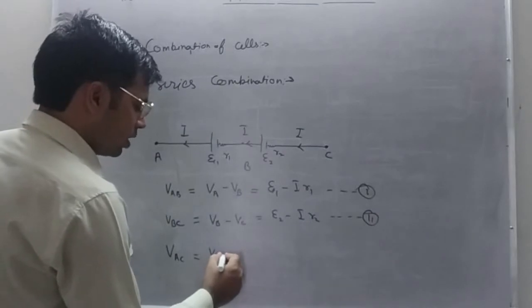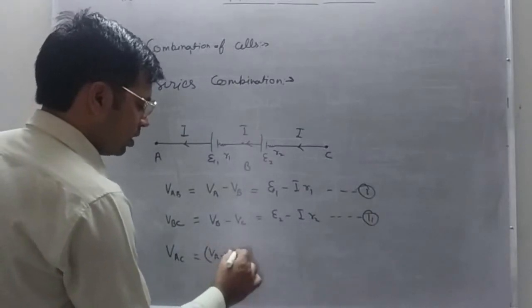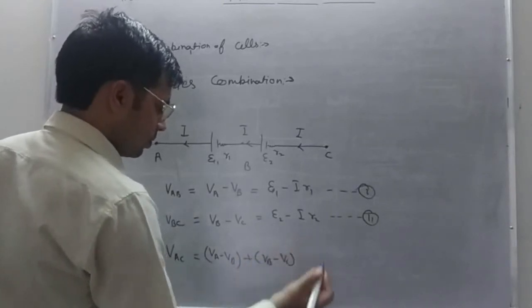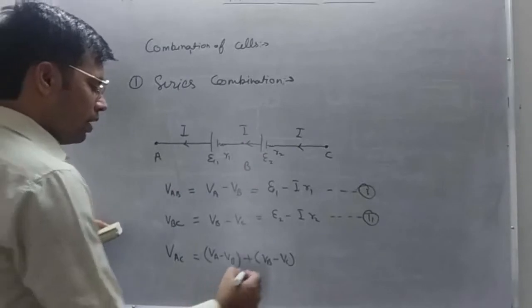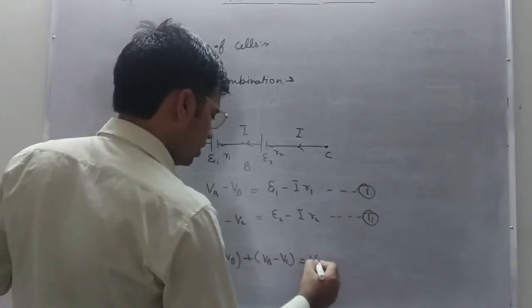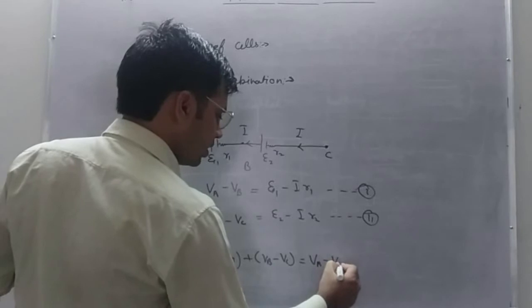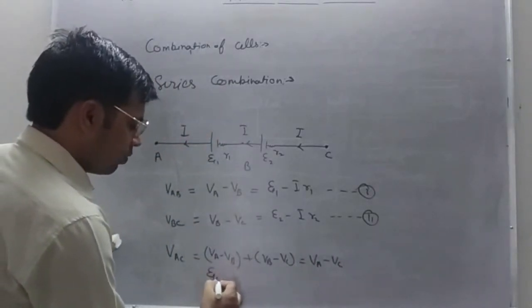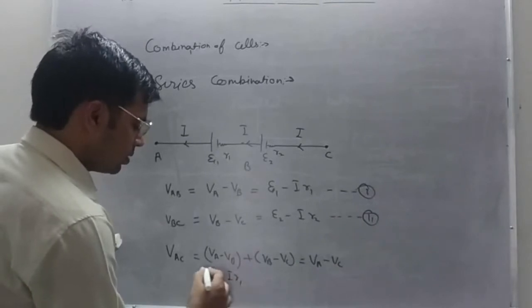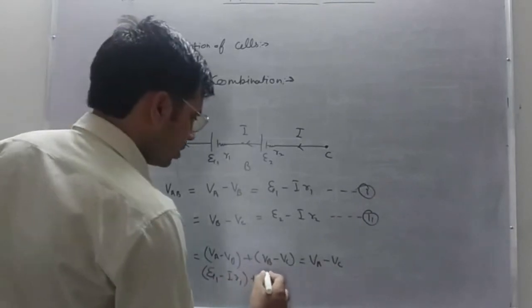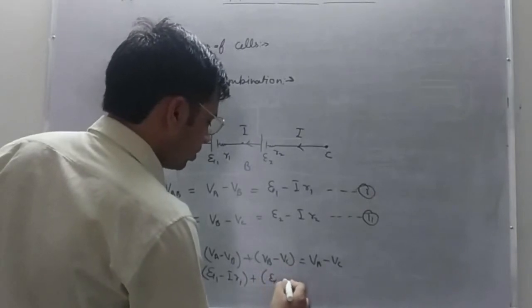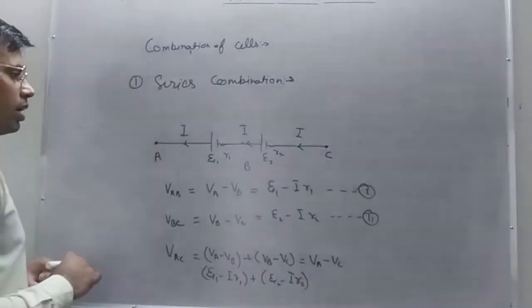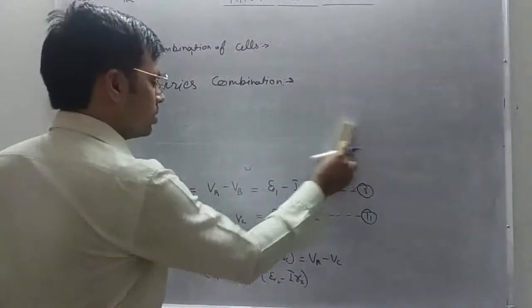Adding equations 1 and 2: VA minus VB plus VB minus VC, which is VA minus VC. So it is E1 minus IR1 plus E2 minus IR2. I'm erasing this diagram.